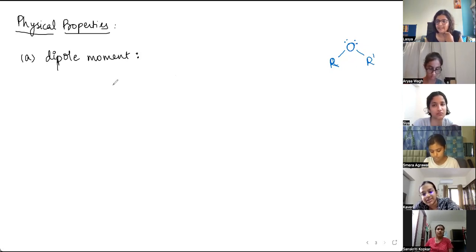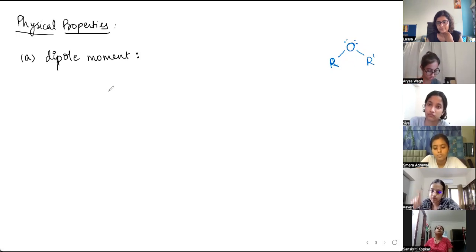Is it extremely polar like alcohols, or less polar than that? Oxygen is pretty electronegative and it will take the electrons from both the R's, and the resultant will be polar. But I don't think it will be a large polarity.